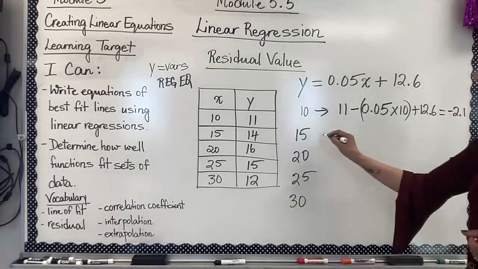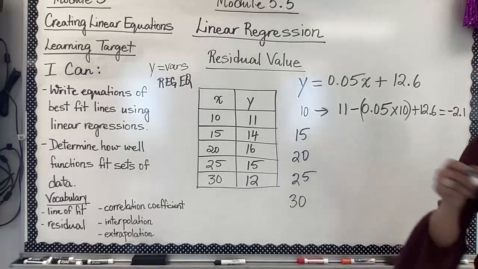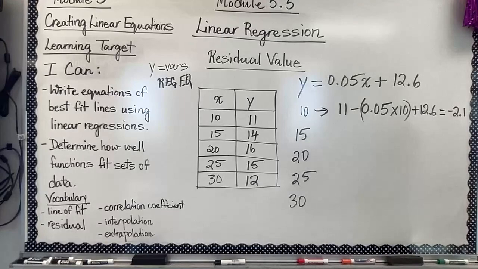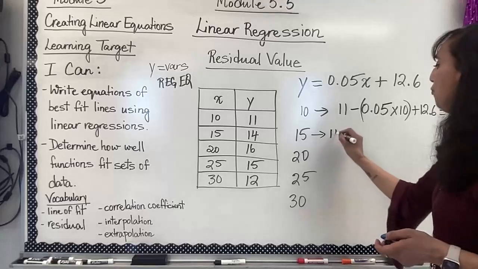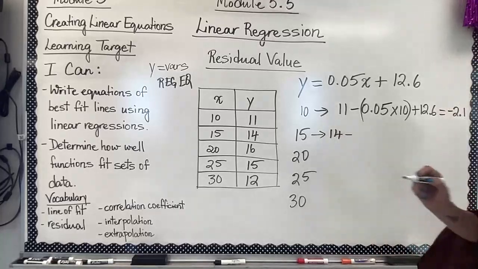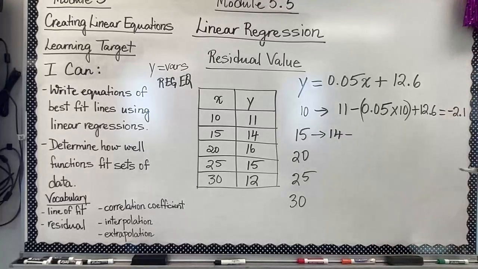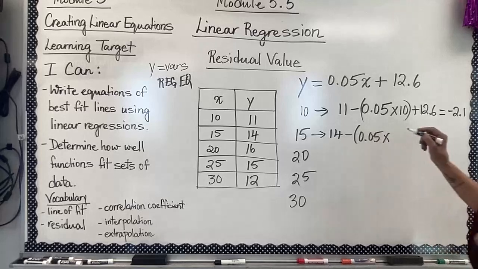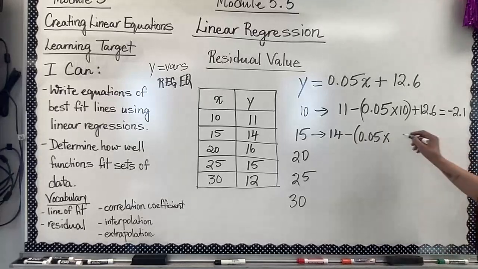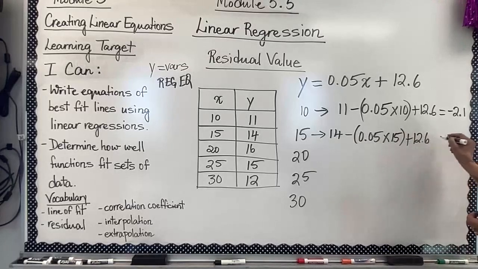This is what is my value over here? And so my y is how much? It is 14. So 14 minus, what is my x? So once again, 500 times my x, which is 15, right? Plus 12 and 6/10, and I end up with 6,500.